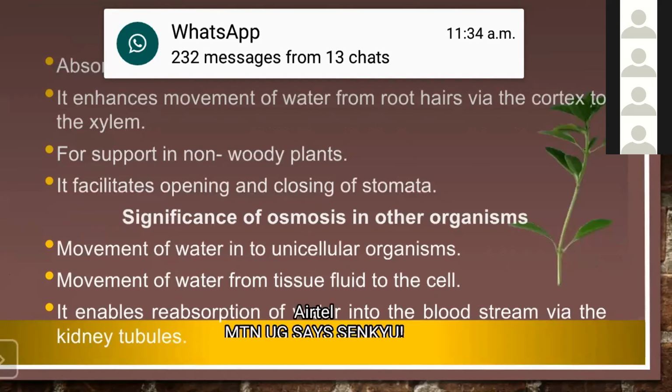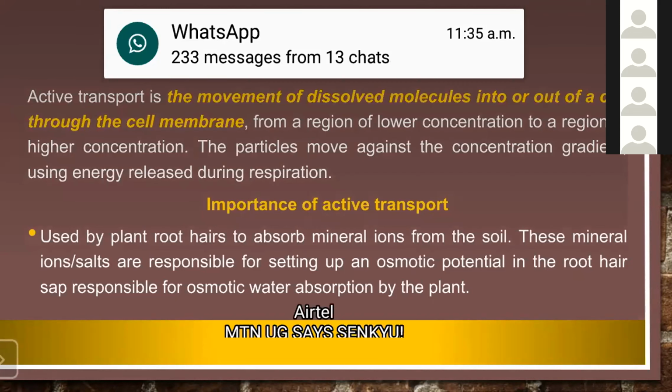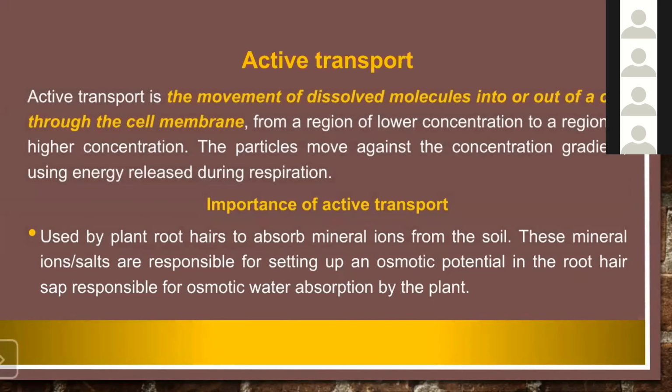Somebody to read that for me, please. Importance of active transport: used by plant root hairs to absorb mineral ions from the soil. These mineral ions, salts, are responsible for setting up an osmotic potential in the root hair sap, responsible for osmotic water absorption by the plant.